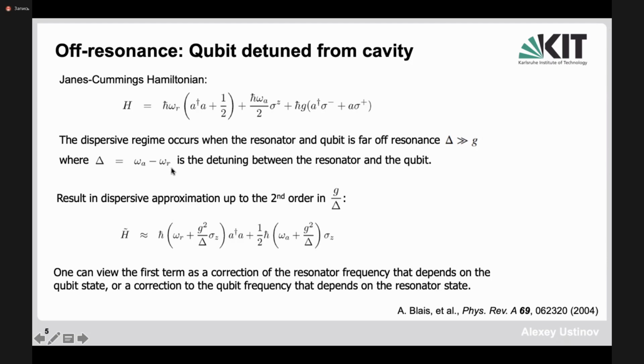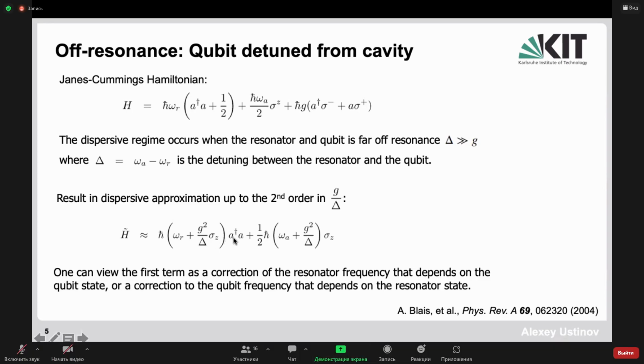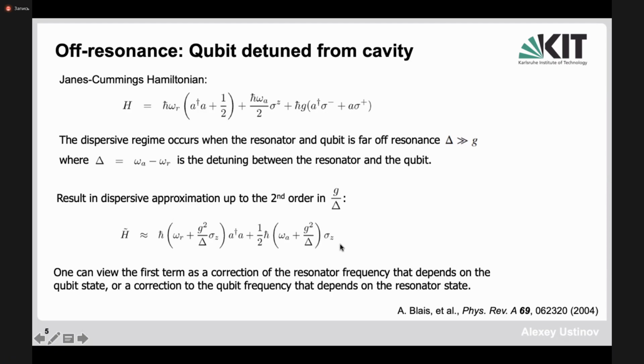And then the result of the dispersive approximation, up to the second order in the ratio g over delta, is that the Hamiltonian is transformed into a form which is easy to recognize: the contribution of the resonator, which is ω_r a†a, and the contribution of the qubit, which is σ_z.